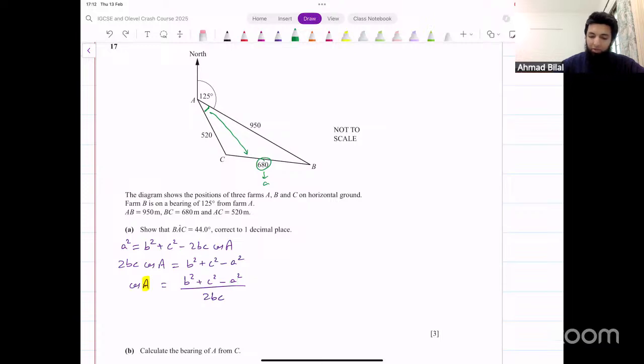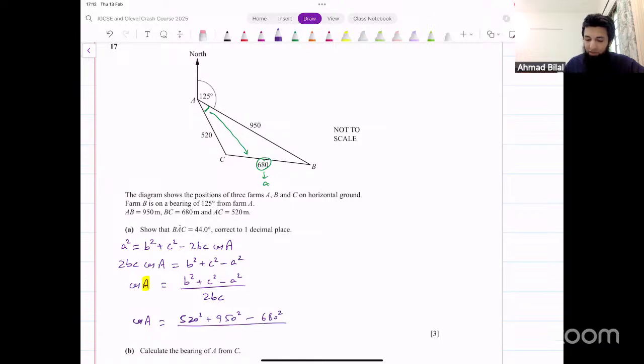Okay, that's important. b and c could be anything, that does not matter, but side a has to be opposite to the angle that we want to find out. So a is 680, just keep that in mind. So it becomes cos A equal to b squared. b is any one of the other two sides, 520 and 950. So you can say 520 squared plus c squared, which is 950 squared, minus 680 squared.